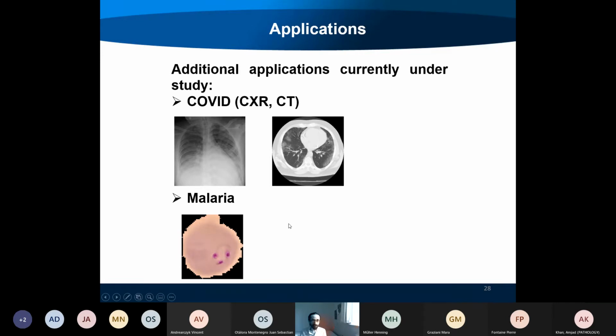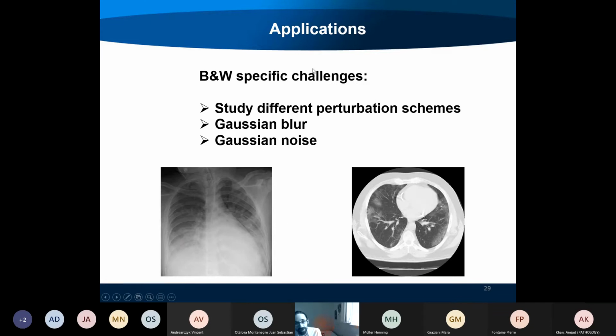And also a malaria one. I put some quick examples, but one of the things with these black and white ones is that we might not be using the same perturbations we would in Lime, right? If I just start covering this in random black superpixels, maybe this is going to affect the explanations in some way. Maybe we're introducing some biases because this contrast of black and white here is important, right?